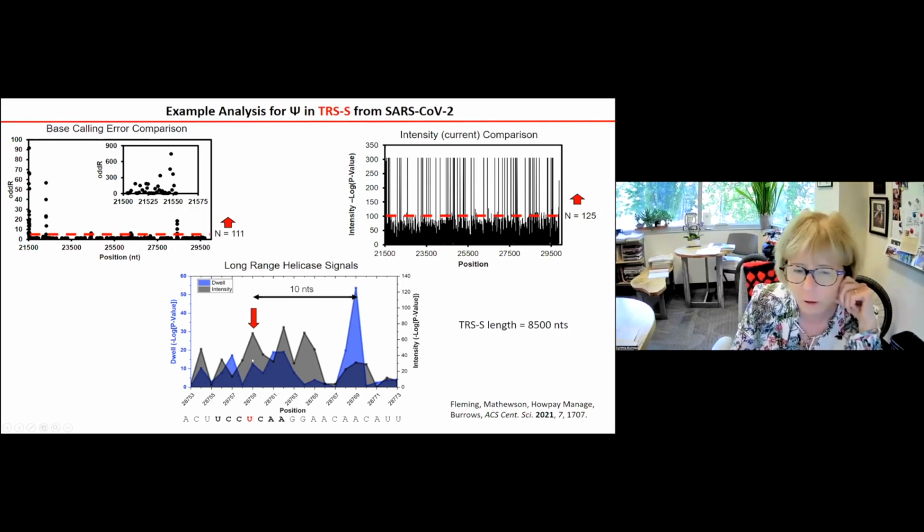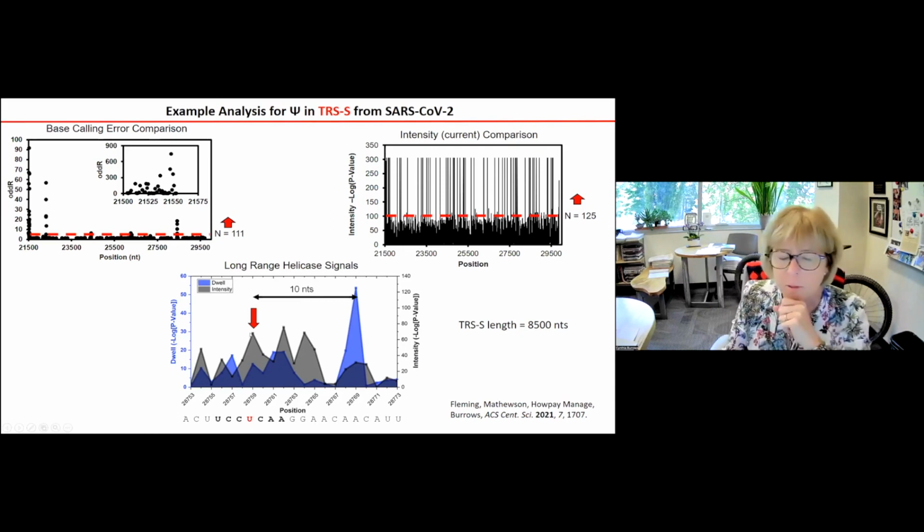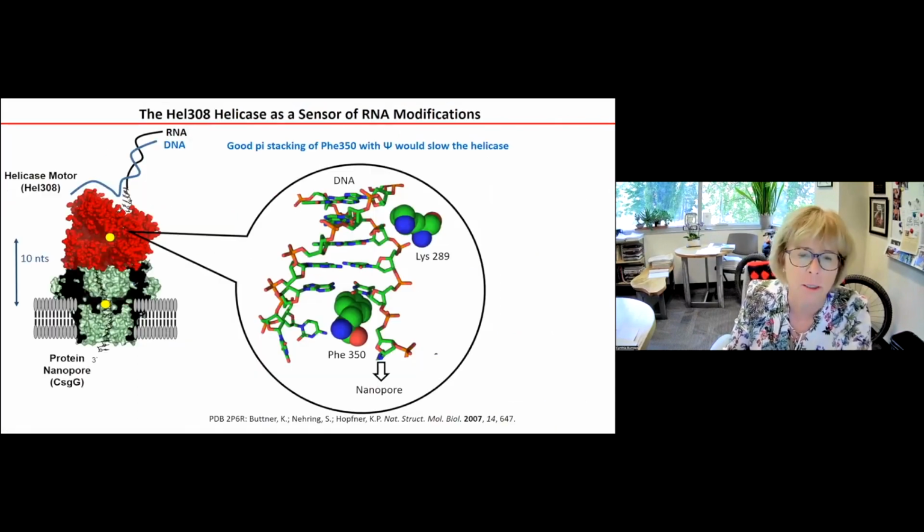But then to verify a pseudouridine at a given site, we look 10 nucleotides to the 3' side and see if there's a dwell time signature. And if there is, then this site, this U, was probably a pseudo-U. That helped us enormously to figure out which sites were really pseudouridine.